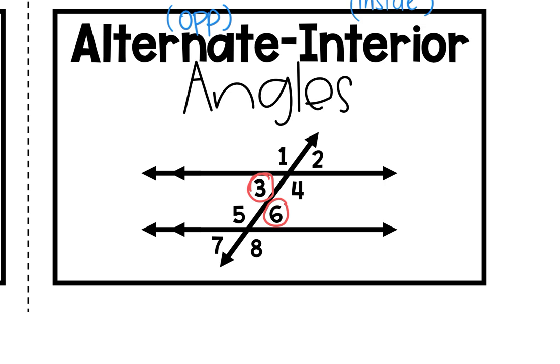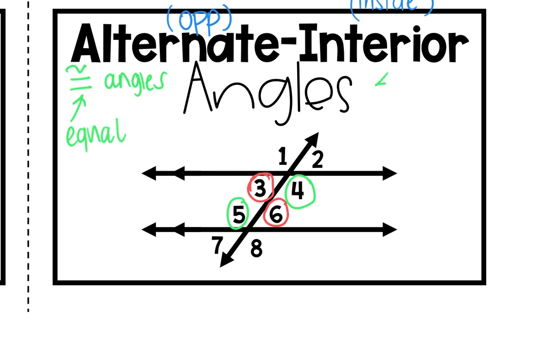Another pair of alternate interior angles are 4 and 5. Okay, so alternate interior angles, something that's special about them also is that they're congruent angles. So if you have alternate interior angles, they are equal to each other.